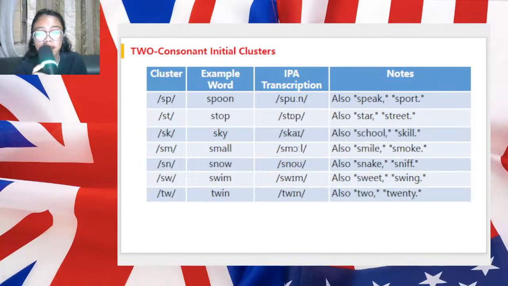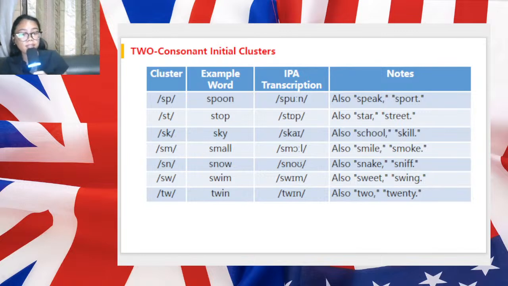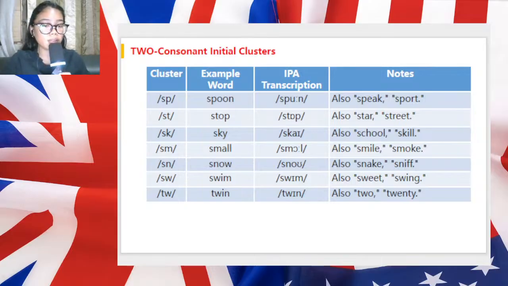Following that, here, the cluster with our example word snow, similar to SM, let's just say SM. This involves the S blending into a nasal consonant, this time the N sound. Similar to SM here, both sounds are voiced, and there is a transition into the nasal M sound.